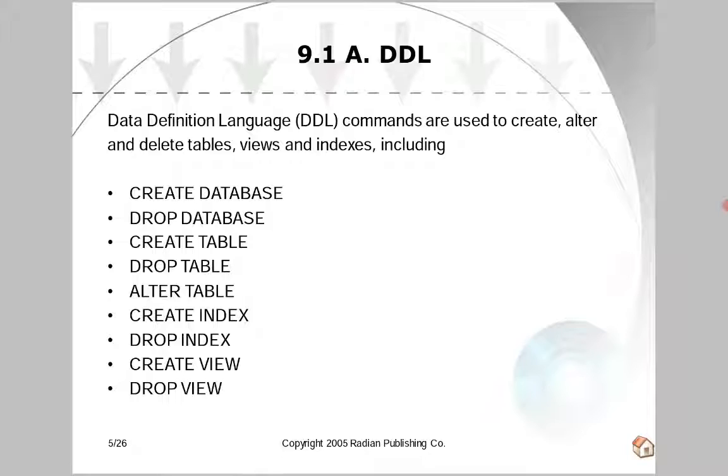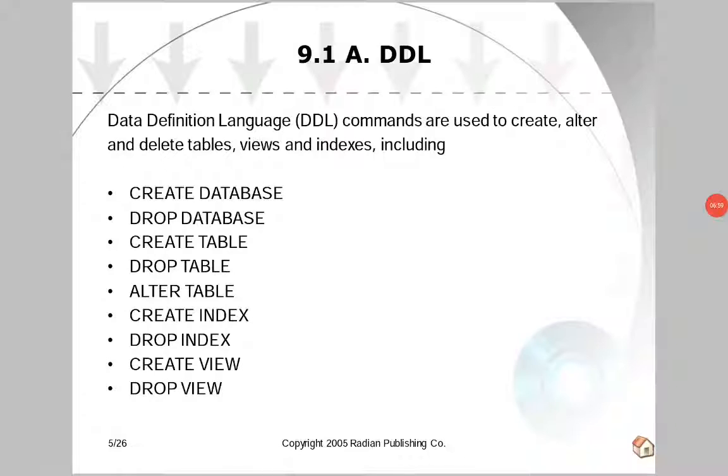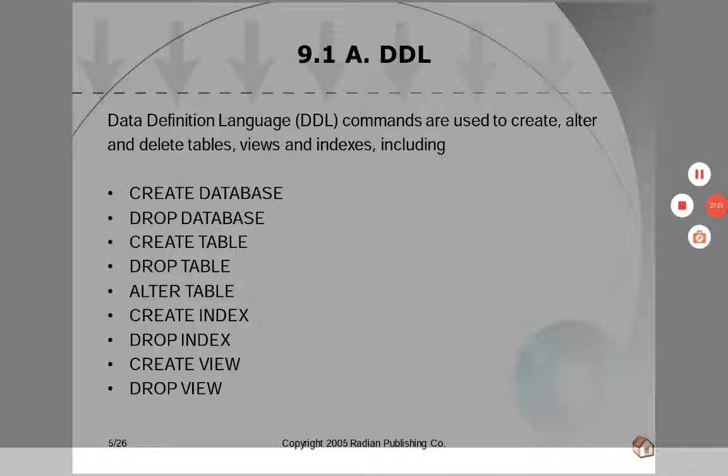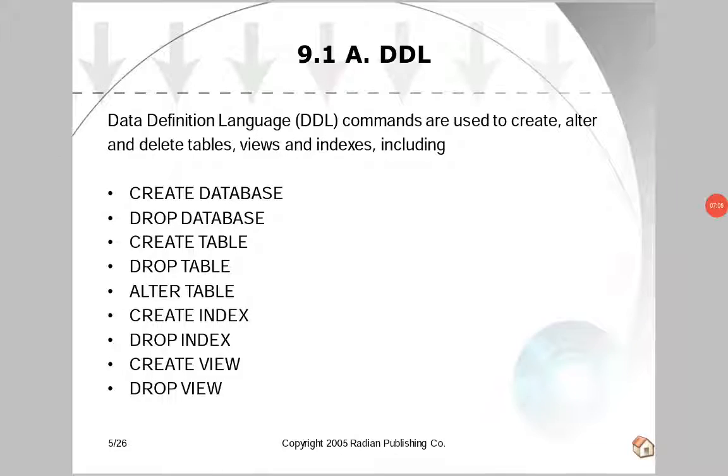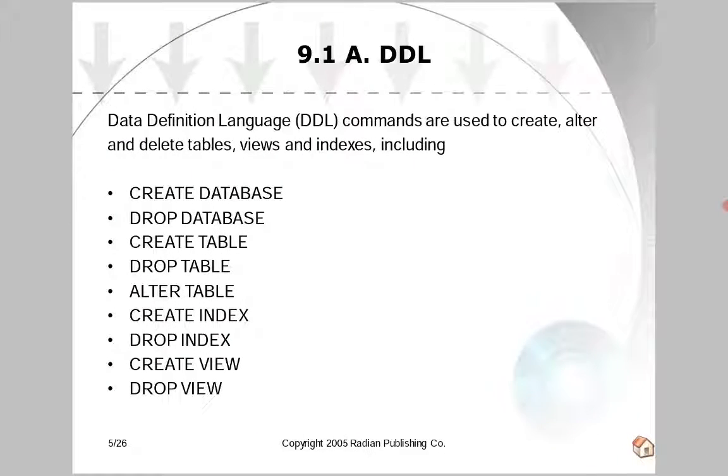Create index means to create index files. Drop index means to delete index files. Create view means to create a view. Drop view means to remove view files. So all these are DDL, data definition language.